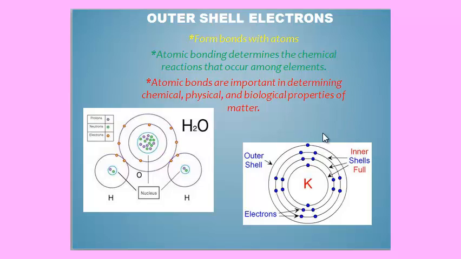We know that this outer shell contains the electrons, and that the electrons are the ones responsible for the chemical properties. And when we're talking about chemical bonding, it is the atomic bonding that determines the chemical reactions that occur among elements. So atomic bonds are important in determining chemical, physical, and biological properties of matter.